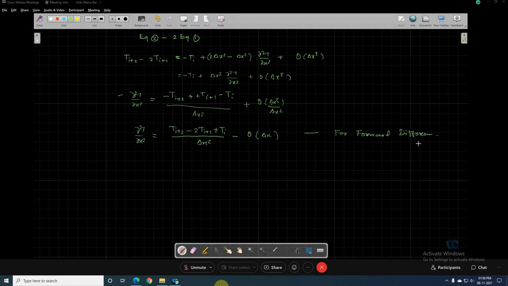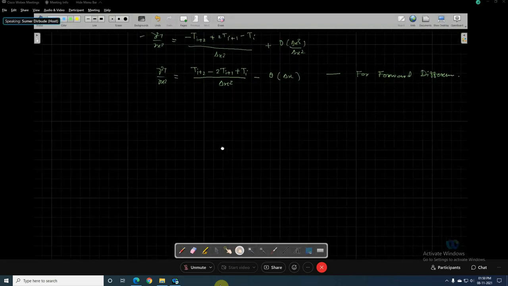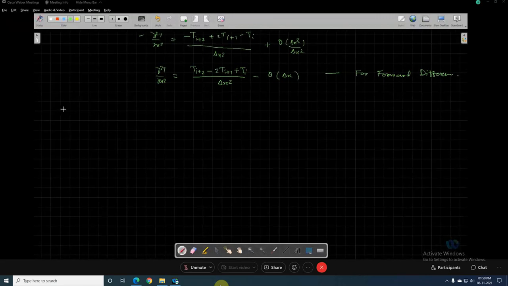Similarly, you can get an expression for backward difference also. While taking backward difference for del 2T del x2 with order delta x, we have to take the ith point and all previous points, I minus 1 and I minus 2.